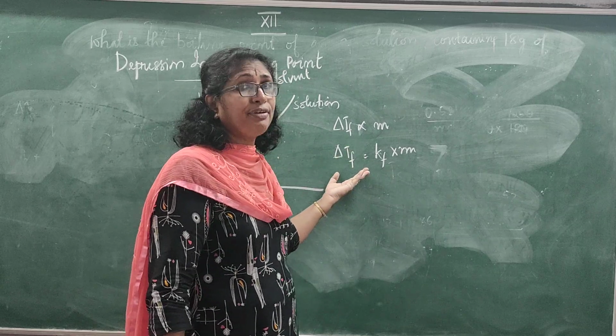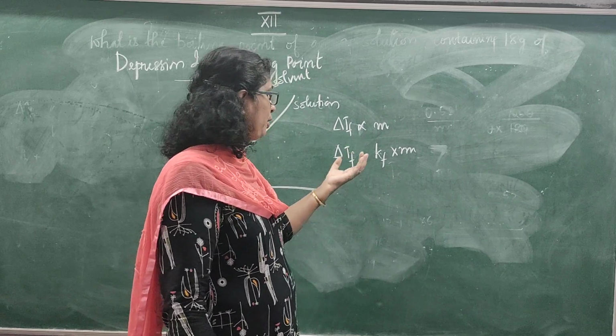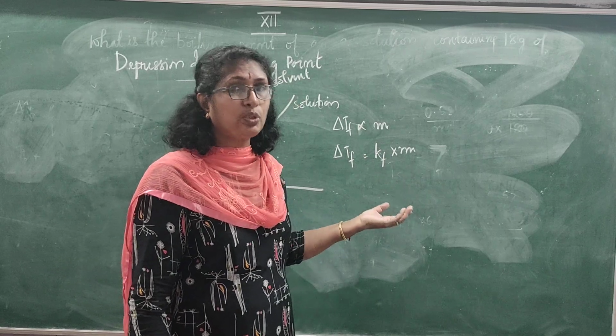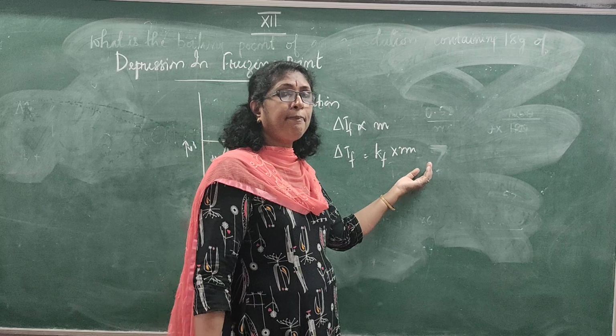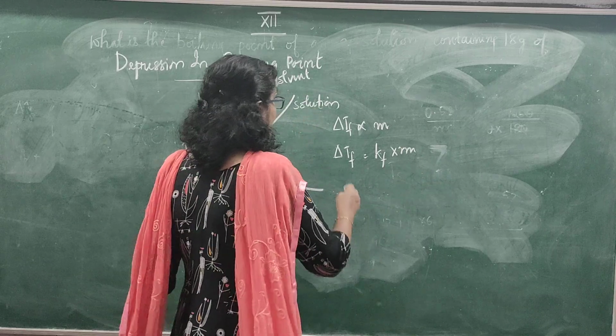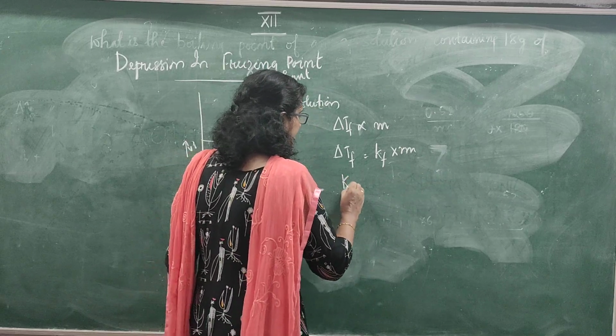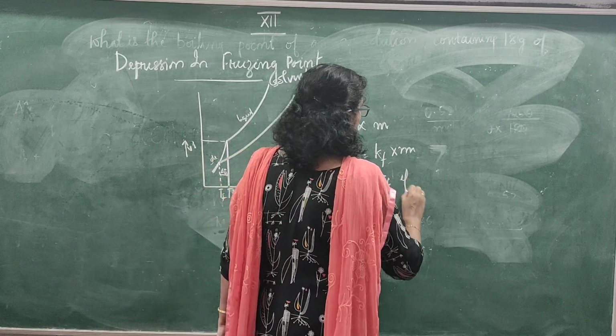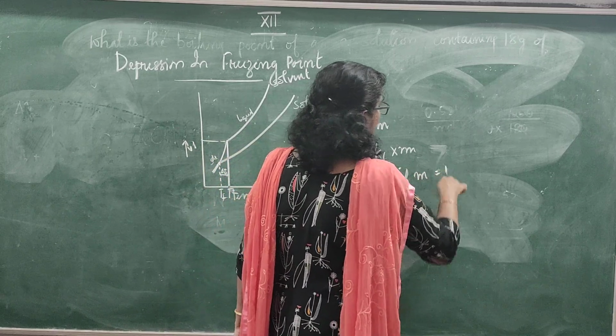So delta Tf is the depression in freezing point, Kf is the cryoscopic constant, and m is the molality. Now Kf is equal to delta Tf if molality is equal to 1.